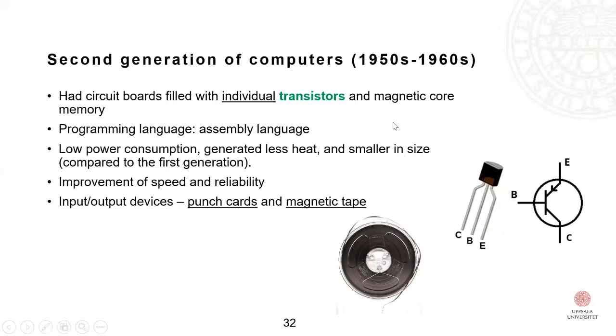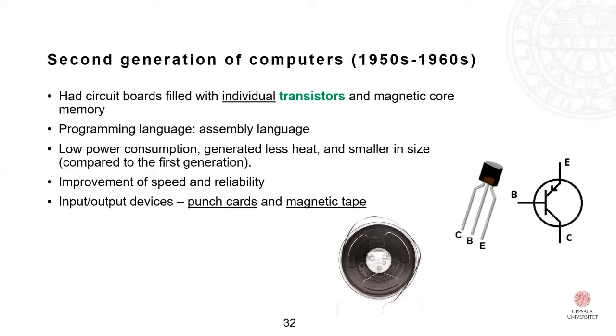And the memory that the computers used was magnetic core. The programming languages had evolved, so machine language was not often used. Instead, assembly language was used. We have a whole lecture about assembly programming. It is a bit more human readable as opposed to machine language, which is only ones and zeros.